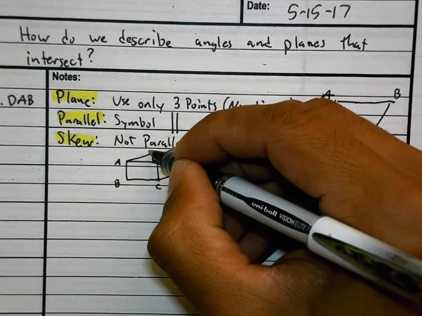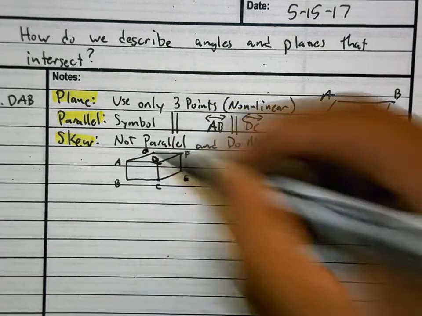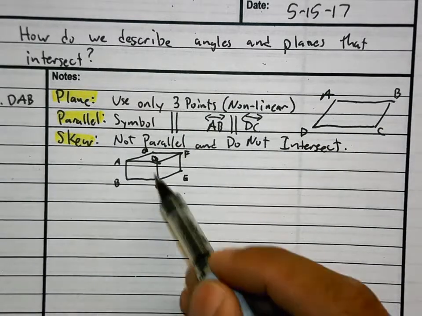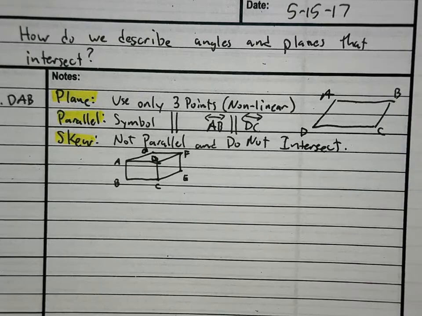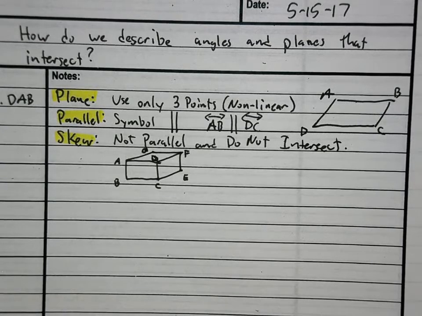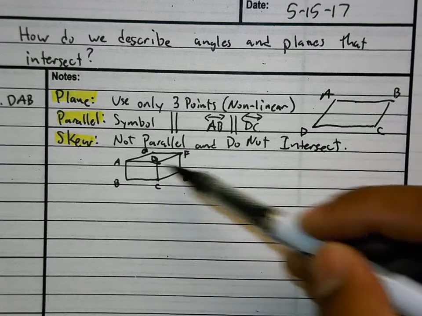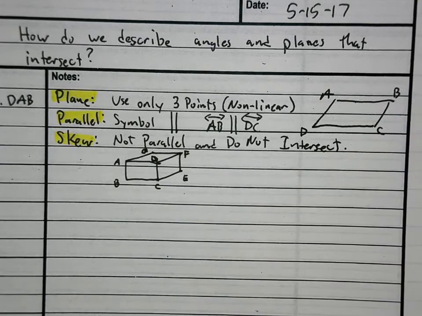And I can still see G. I'll squeeze it in right there. A, B, C, D, E, F. G is the back top left corner. Yes? I'm not drawing the bottom at this point. A, B, C, D, E, F, and then back there is G.